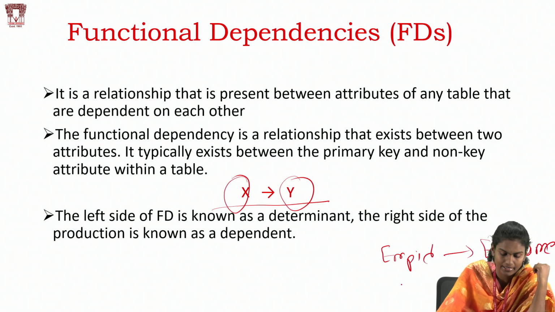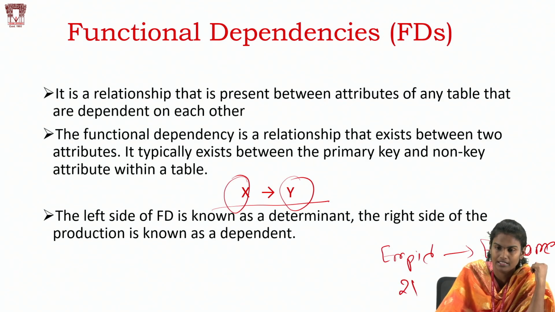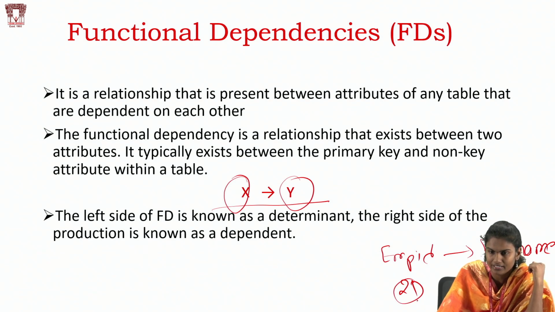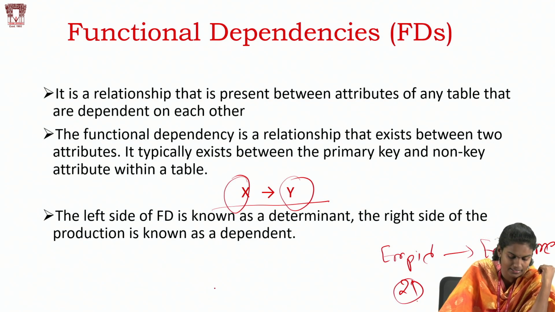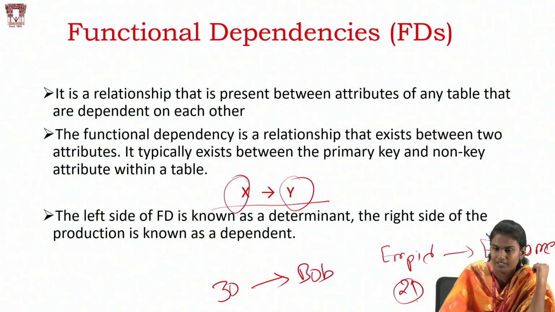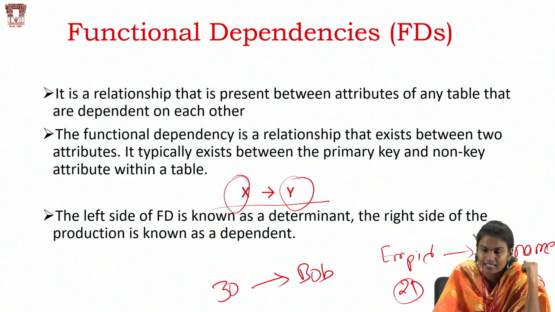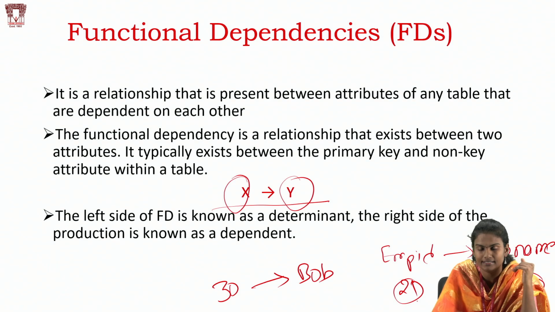For example, employee ID is 21, the name is John. So this name is depending on this ID. Whenever ID varies, name will change. Let's take the employee ID is 30, the name will change to Bob. It means that employee name is called the dependent, employee ID is called the determinant.